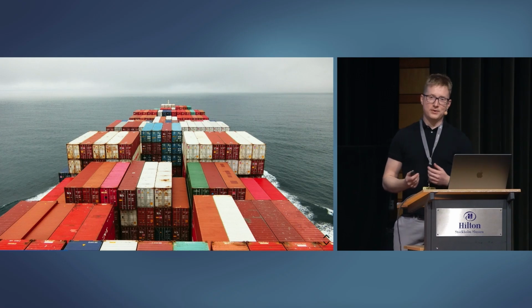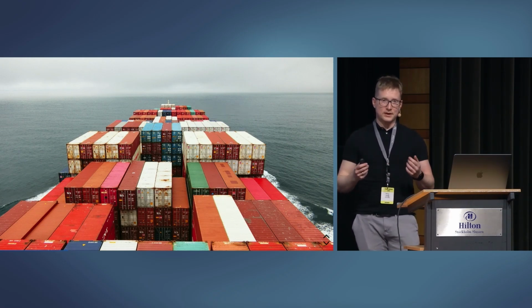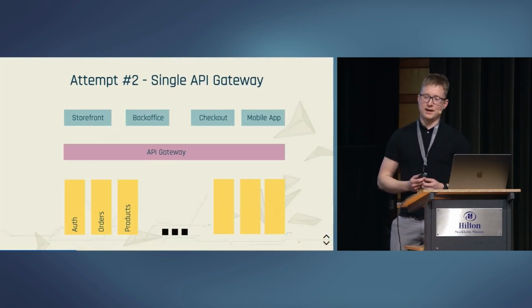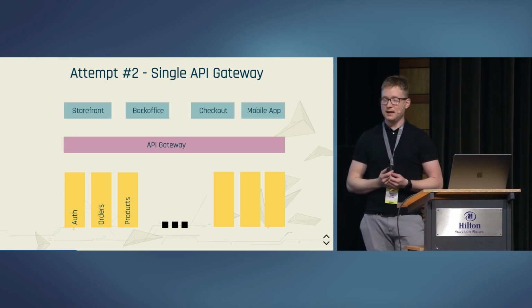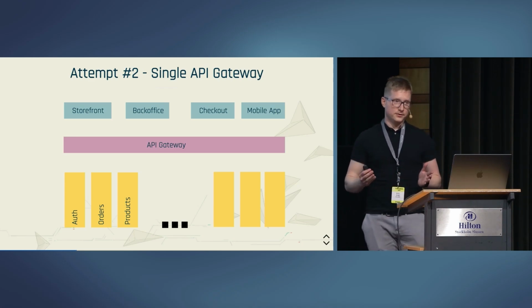We were quite happy with that concept of abstracting the core services and creating a dedicated API gateway layer. So we thought, well, maybe just create one API gateway. What are the downsides of that approach? Of course, it could become at some point a single point of failure.